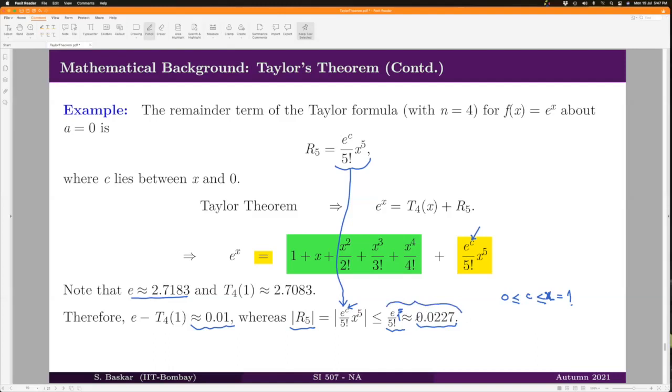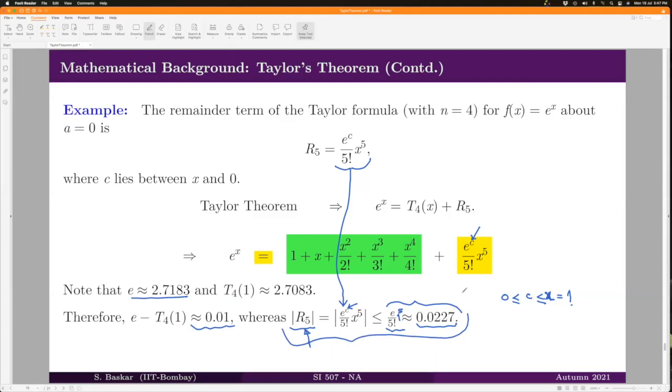That is nothing but the upper bound of this R5. Remember, we don't know what R5 is. It's something which is sitting in a black box. We do not know it, but whatever may be its value, its worst value is 0.0227. That is what this remainder term estimate says.